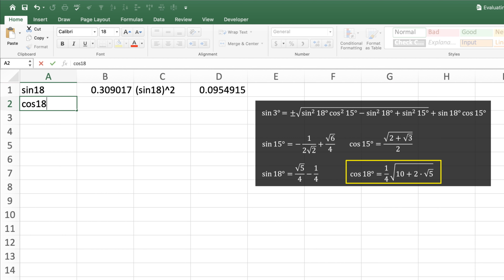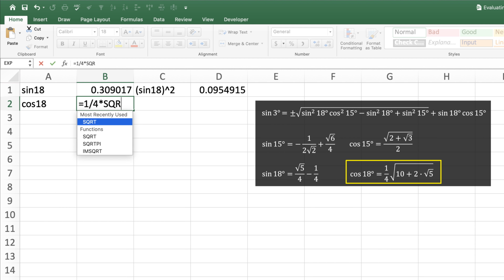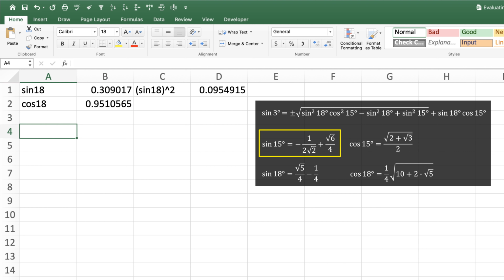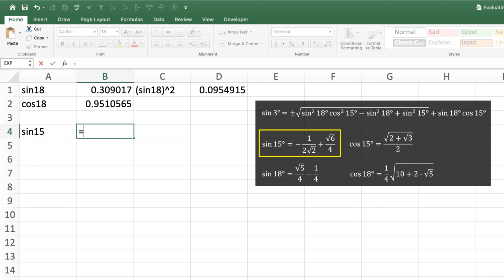Then cosine 18 equals to 1/4 times square root, add a bracket. Then inside, type 10 plus 2 times square root of 5, add the parenthesis. Then sin15 equals to square root of 6 over 4 minus 1 over square root of 8.